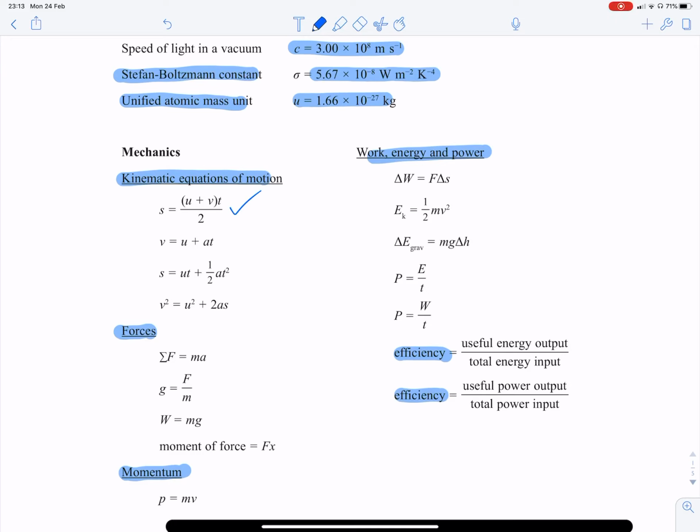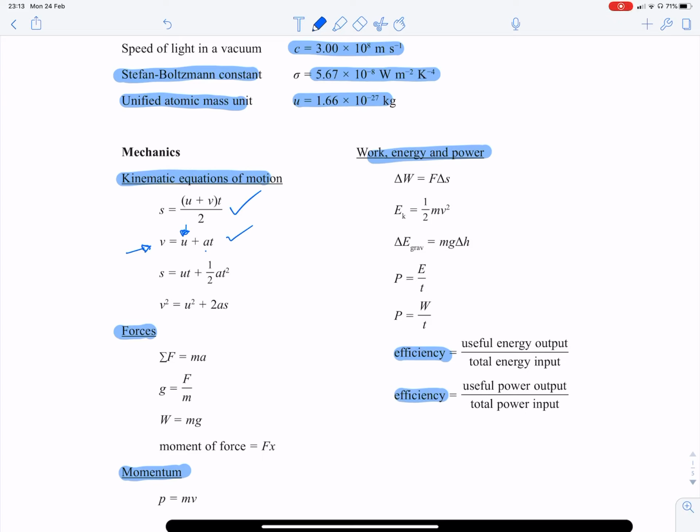Then v equals u plus at, where v is the final velocity, u is the initial velocity, a is acceleration and t is time.